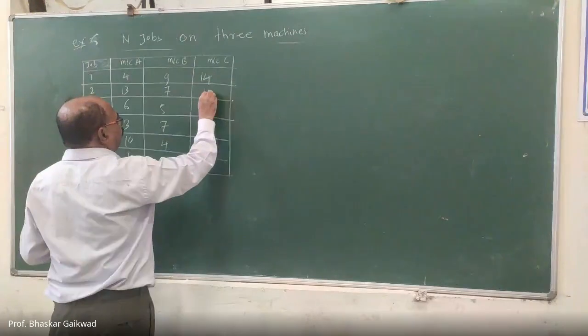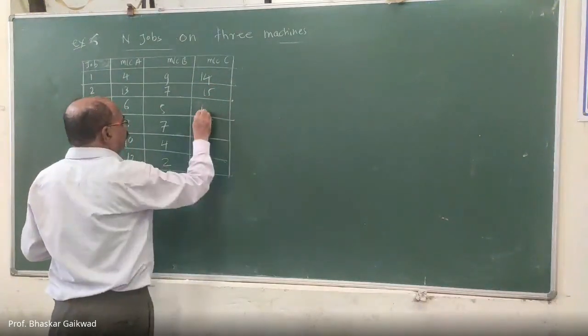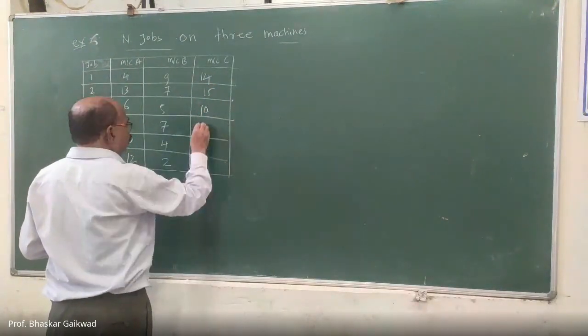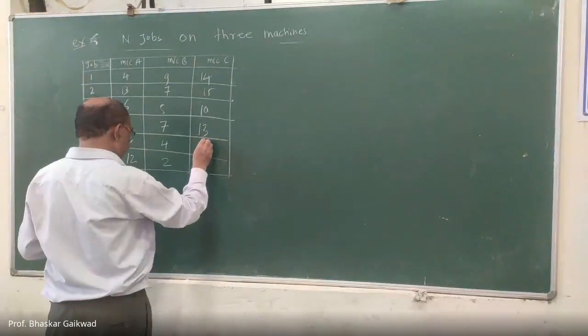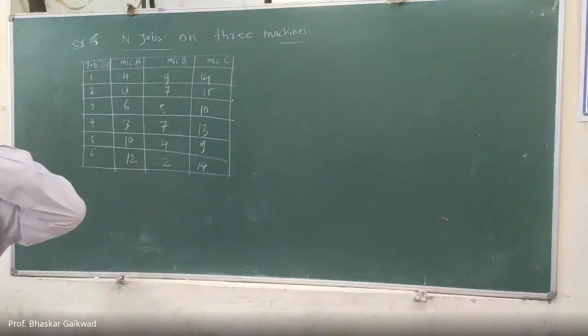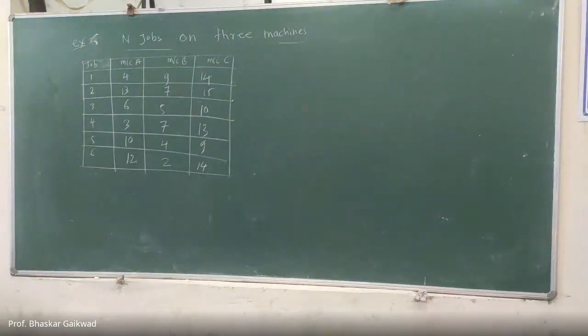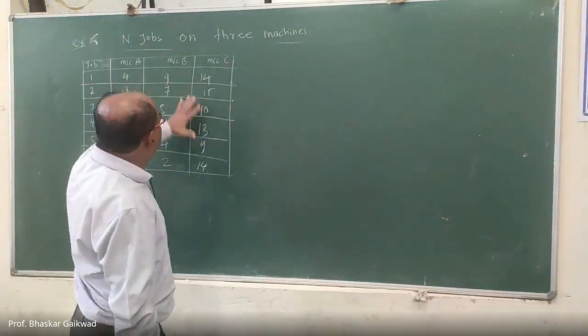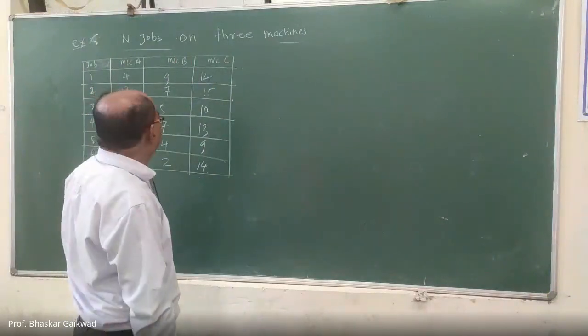Machine C: 14, 15, 10, 13, 9, and 14. As usual, the question will be total elapsed time and idle time, the same question as in our previous problem.